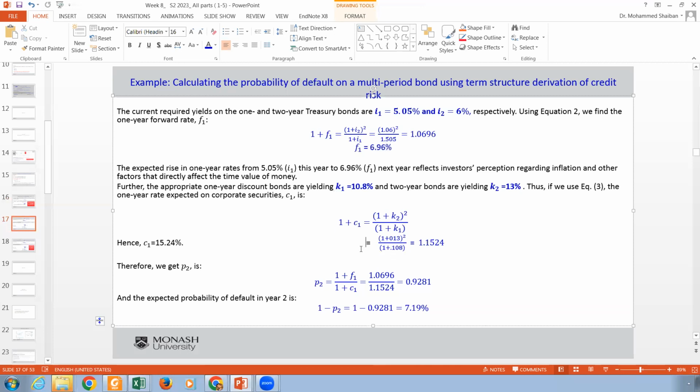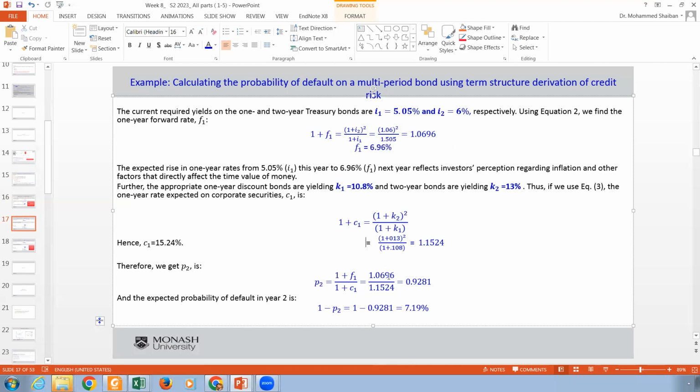And therefore, if I know the forward for year 2, K2 and K1, I can calculate the probability of defaulting for year 2. And if I know the probability of defaulting or payment for year 2, and I know the probability of defaulting or payment for year 1, I can calculate the probability of defaulting or payment over 2 years.